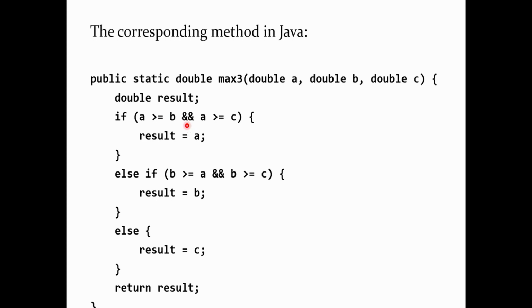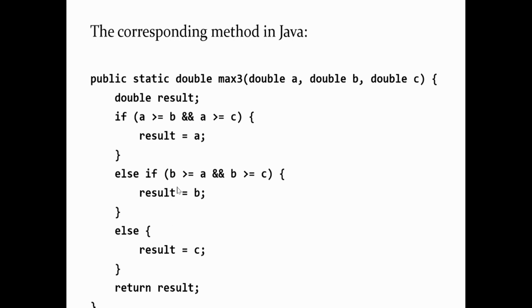Don't use the single ampersand. A lot of programmers that are new to Java will just use a single one and everything seems to work until it doesn't. The single ampersand is actually something else in Java, which, don't worry about it for now. Use the double ampersand if you want to compute logical and.